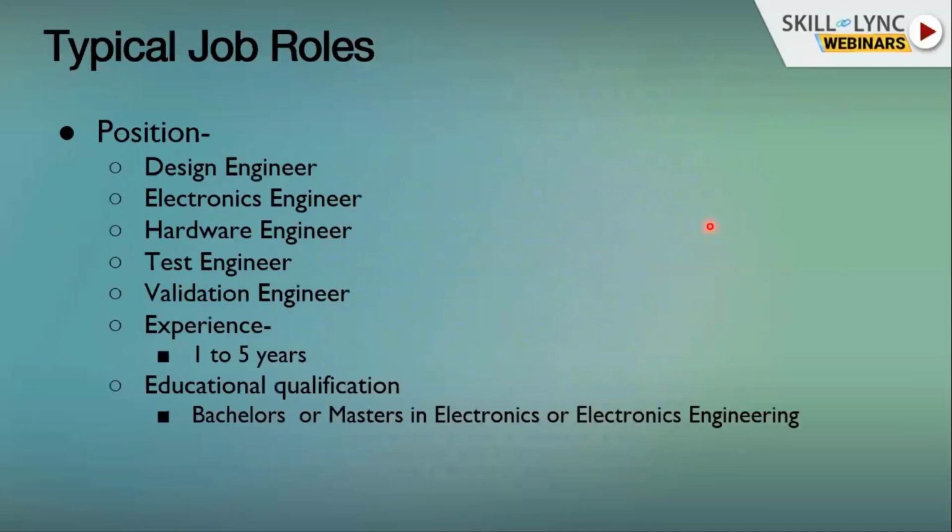Typical job roles you see in the market coming to electronics: electronic engineer. They say sometimes design engineer, sometimes electronic engineer. Also, sometimes you see the requirement is hardware engineer or test engineer, or validation engineer, where you need to know about the working of DC to DC converters, their functionality, and how the waveform appears at each and every point.